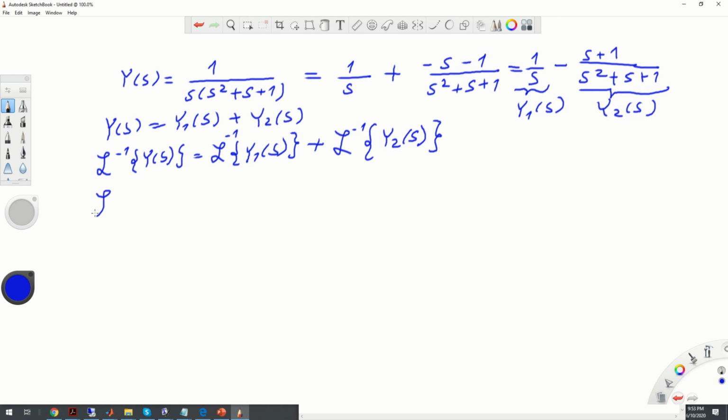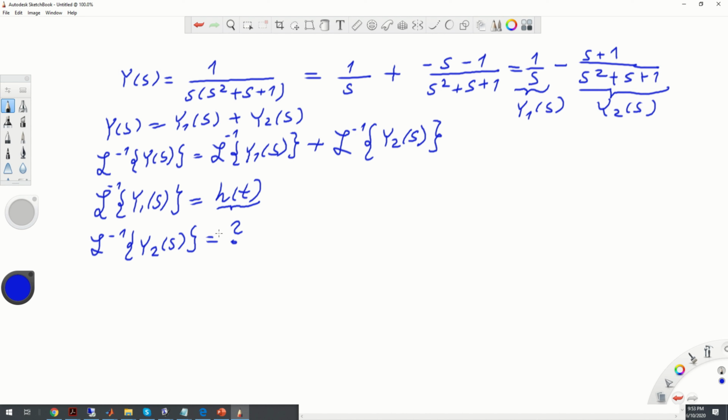Now, since Y1 of s is equal to 1 over s, its inverse Laplace transform is nothing less than a Heaviside function, so it's a step function. How about the inverse Laplace transform of Y2 of s?